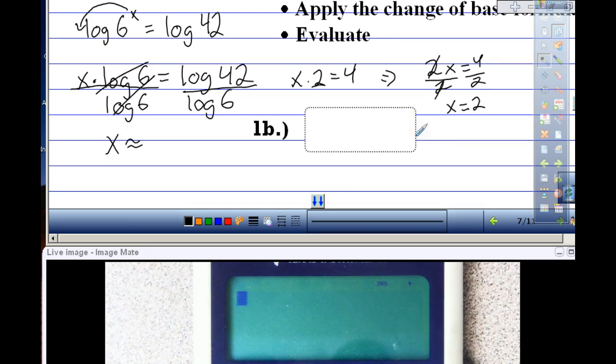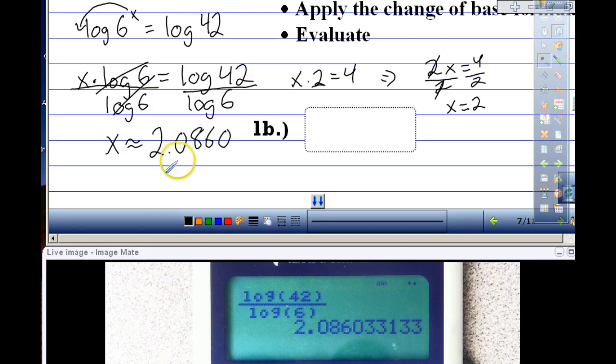So we have the log of 42 over the log of 6. Okay. And that's approximately 2.086. 2.0860. And we're going to go to 4 decimal places as a general rule.